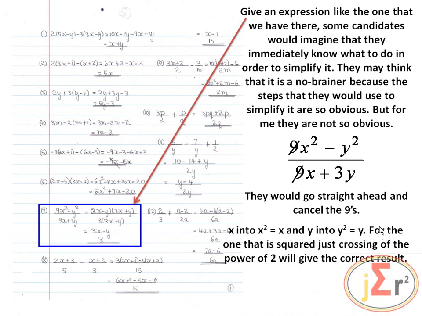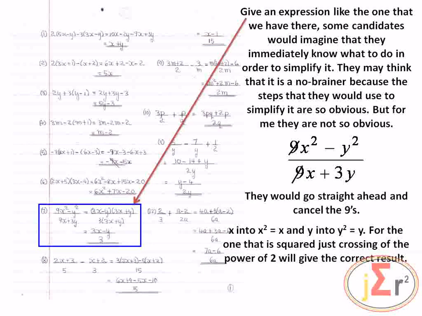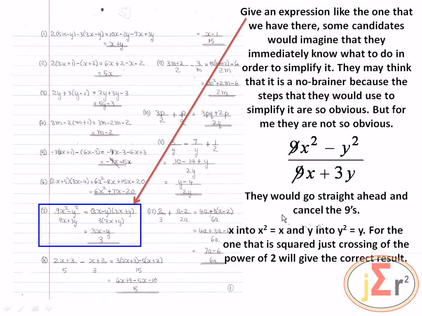X into x squared is x, and y into y squared is y. For the one that is squared, just crossing off the power of 2 will give the correct result. So they will go straight ahead and also cancel.